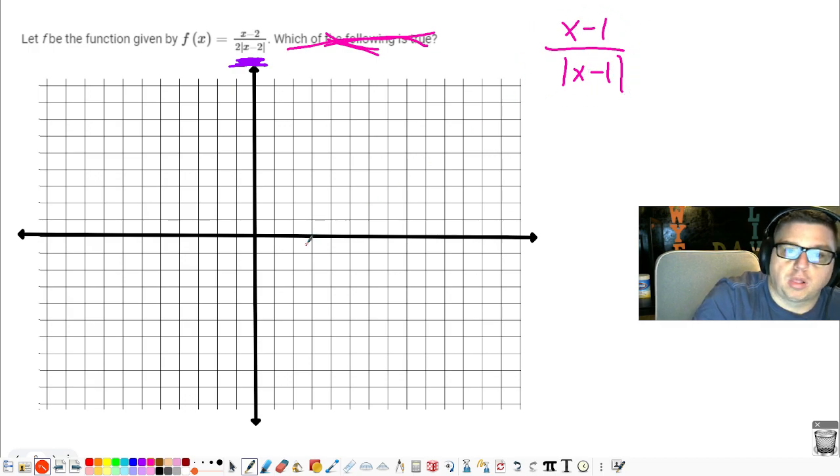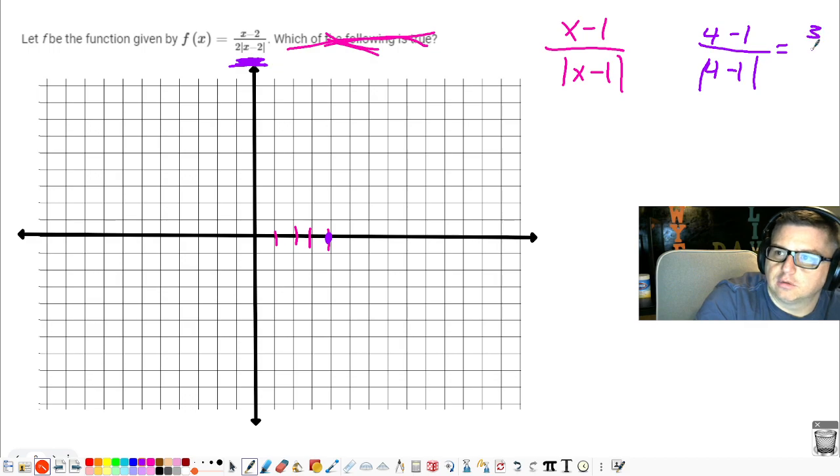All right, plug any value in you want, any value, pick one. If we pick 4, 1, 2, 3, 4. If we put 4 in here, 4 minus 1, and then 4 minus 1 with the absolute value, we're going to get 3 and 3.